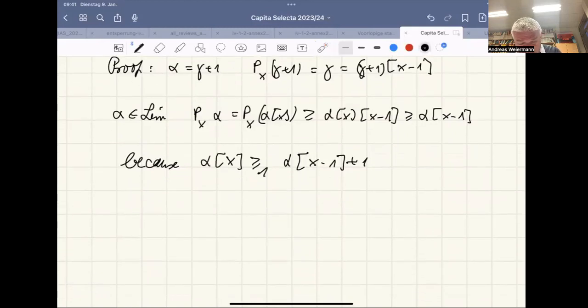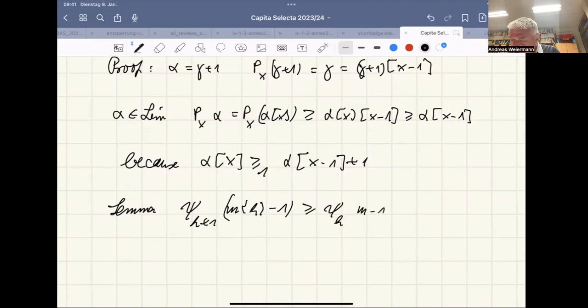And what do I else need? Another lemma, namely c_{k+1} of m_k minus 1. We know this term, I've seen it before. Is at least as big as c_k of m minus 1.